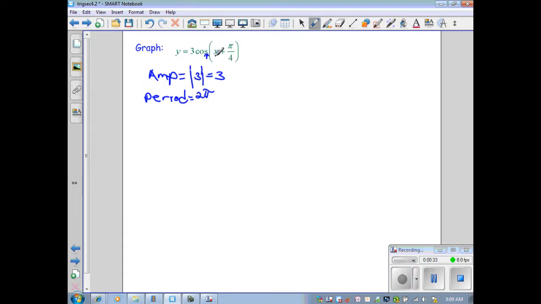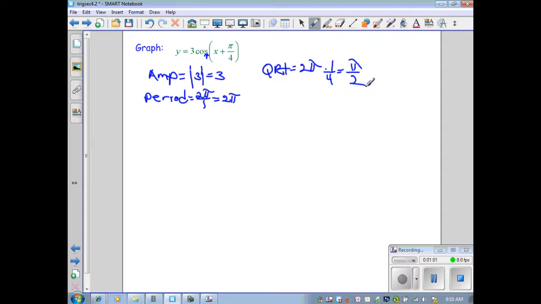Notice I didn't have to factor out the coefficient of my x because it already is 1. Therefore, I'm going to use that value of 1. So it's 2 pi over 1, which is 2 pi. Finding my quarter point is going to be my period times 1 over 4, which is going to give me pi over 2.